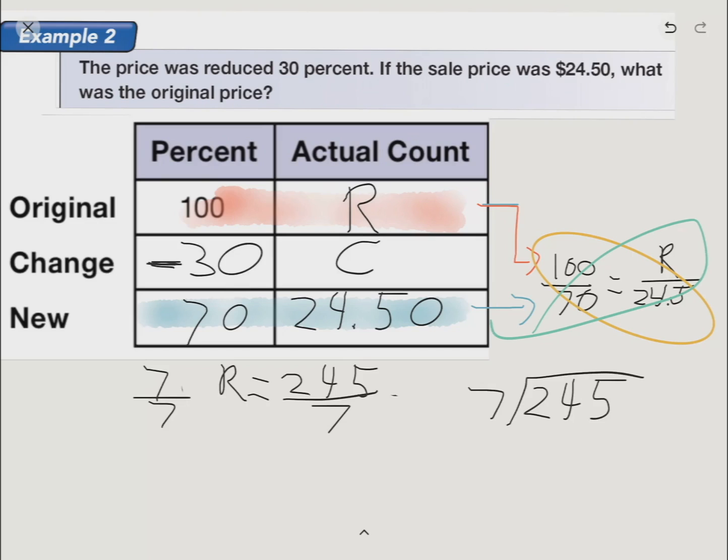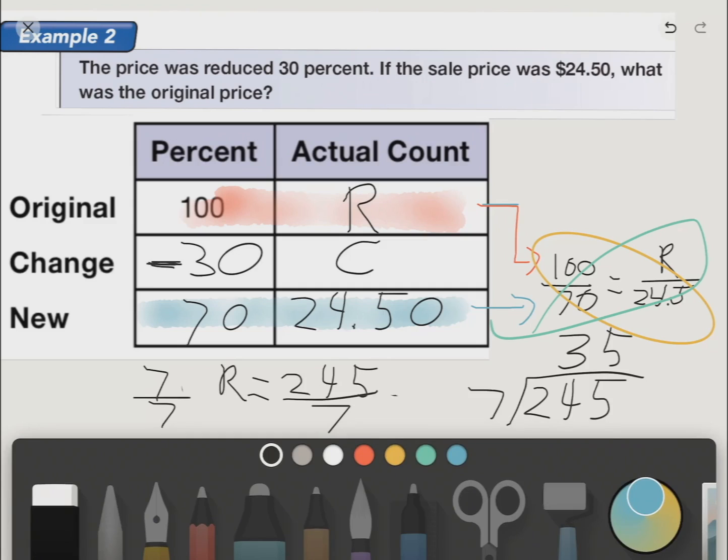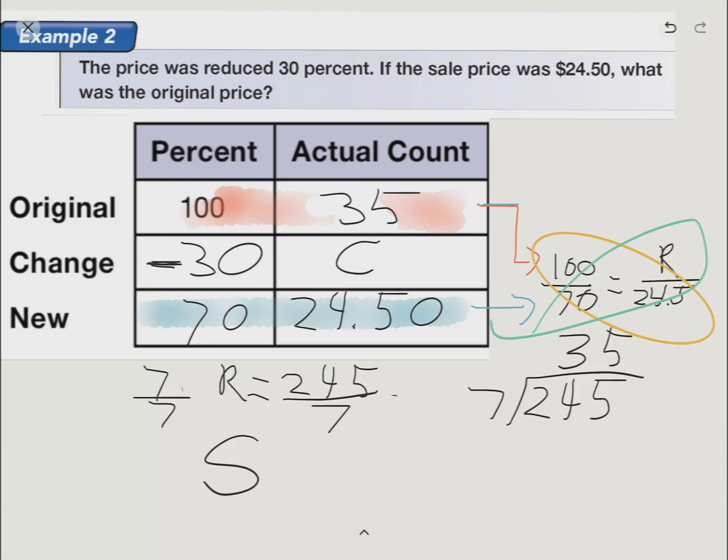And just going to do spoilers. This would end up being 35. And so we can say that the original price was $35.